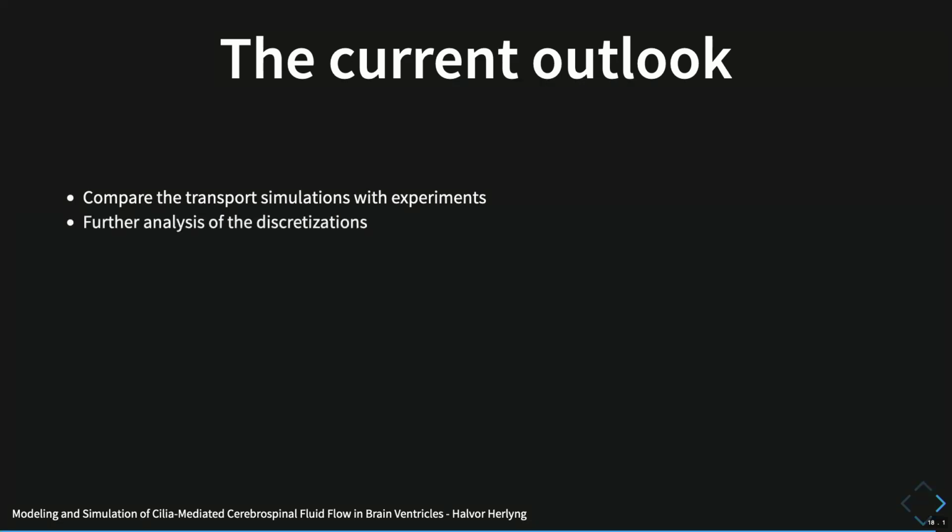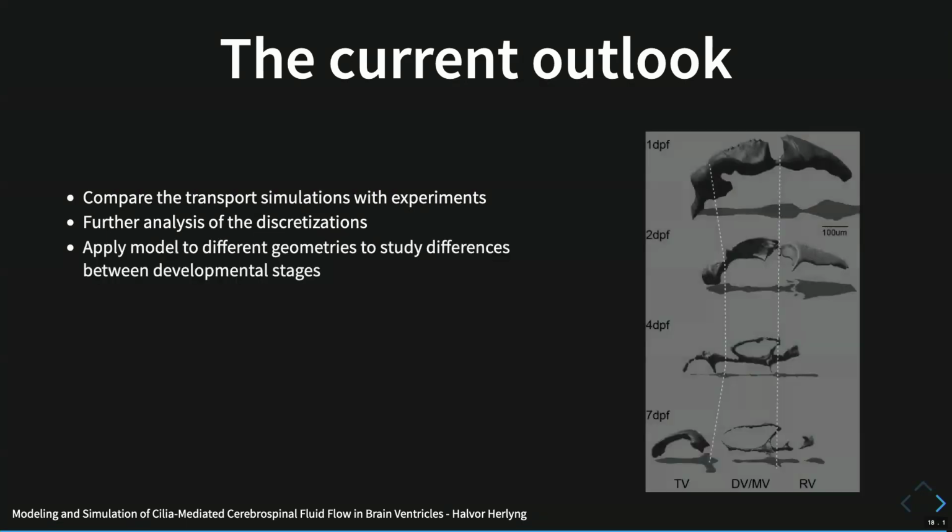So the current outlook on this work is that we will compare this with some experiments that Natalie's group are performing now, to see how the transport we simulate compares with the ones that they see in experiments. Maybe some further analysis of the discretizations and these problems when not having exact mass conservation, and also try to apply this to the model which we have benchmarked to this geometry, which was 2 days post-fertilization of an embryo.